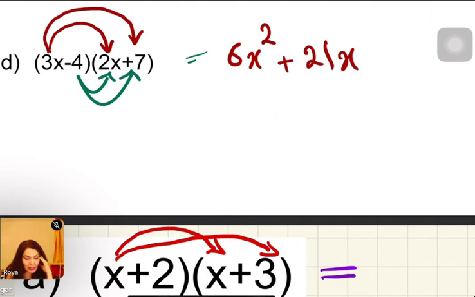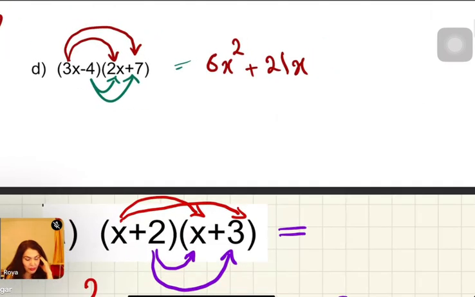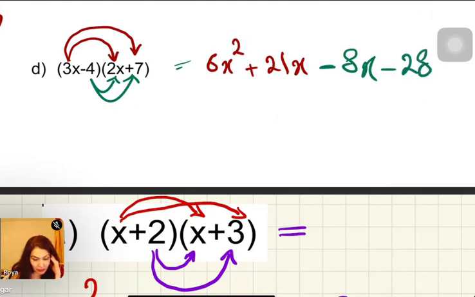And the third term, negative 4 times 2x is negative 8x. Negative 4 times 7 is negative 28. And here we have x and x.